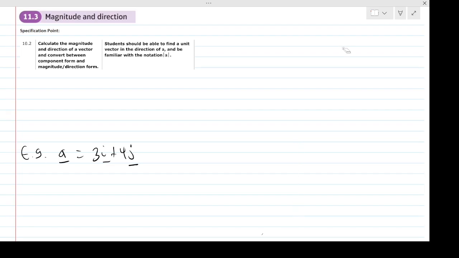Say here, on an xy axis, we use this i and j notation. The i represents the x part and the j represents the y part.